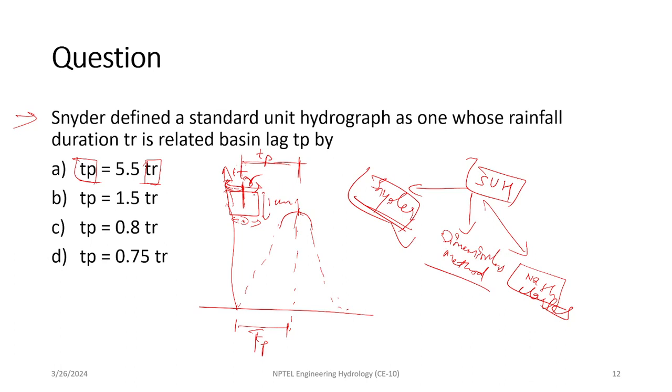Now the question is related to TP and TR, the relation between TP and TR. Has anyone tried to solve problems related to these methods? If you have solved problems related to this method, then only these formulas will be in your mind.